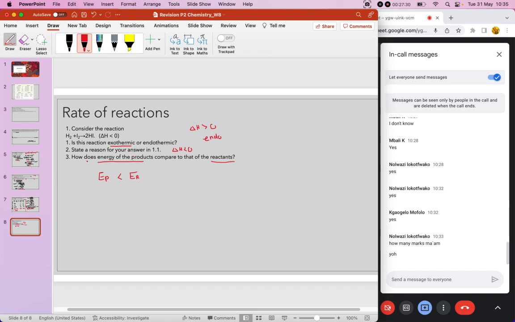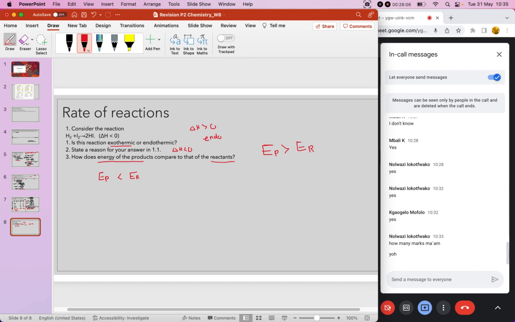And question 3 says, how does the energy of the product compare to that of the reactants? If you remember from the endothermic and exothermic graphs we did, the energy of the product is greater than the energy of the reactant when the reaction is endothermic, and it's the opposite when it's exothermic.